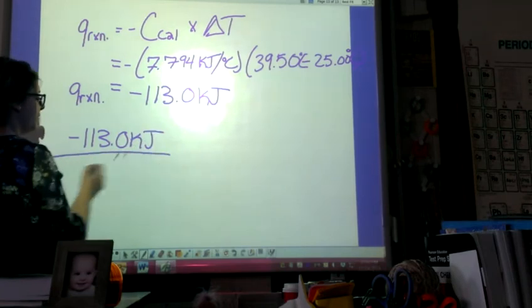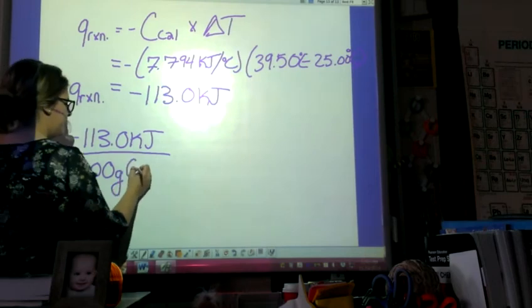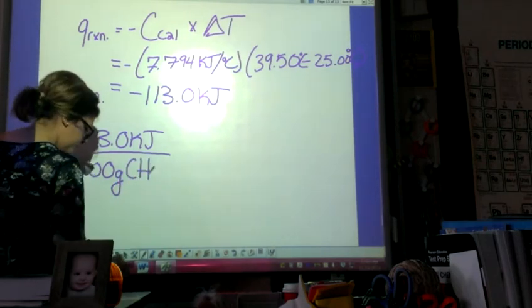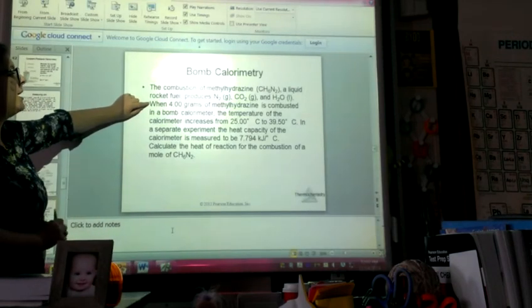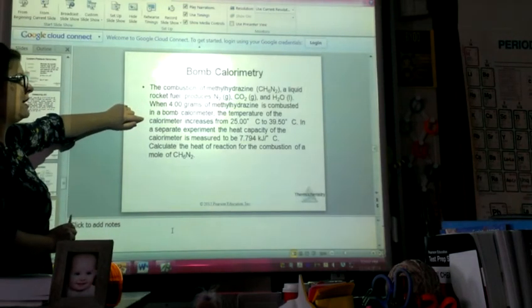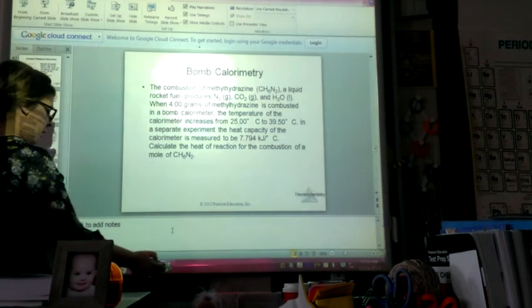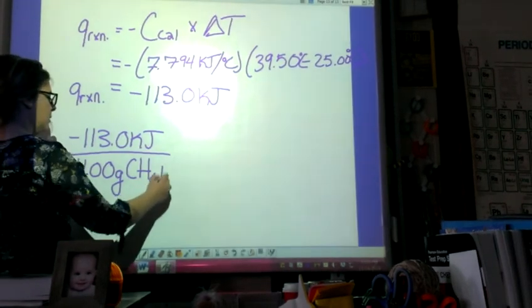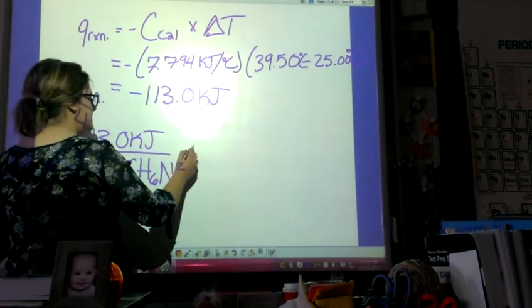They told me this will take place in 4 grams of the CH6N2. Right, so I have 4 grams of this, and that's what's going to change that temperature. So I need to figure out how many moles it will be of this. So I want kilojoules per 1 mole of this.